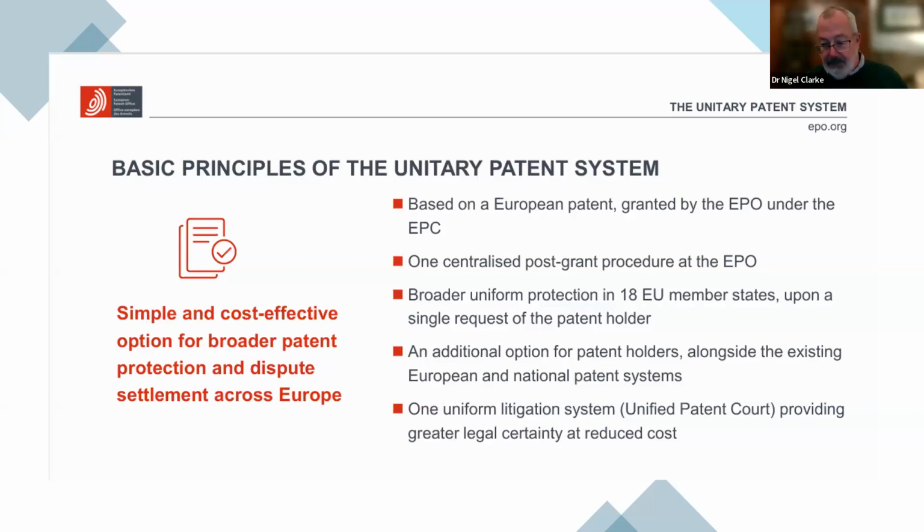Currently, you get a single protection in the 18 member states. I'll show you a map of coverage a bit later on. But basically, a single request means that in a territory of 18 EU member states, the unitary patent will have effect. The unitary patent is in addition to the existing European and national patent systems, and there is only one uniform litigation system, the Unified Patent Court, and we'll look at the Unified Patent Court a little bit later on.